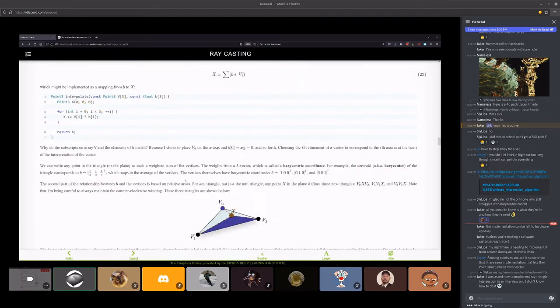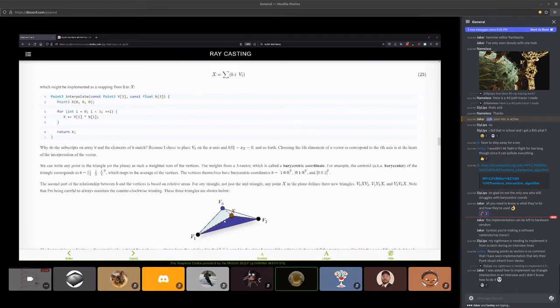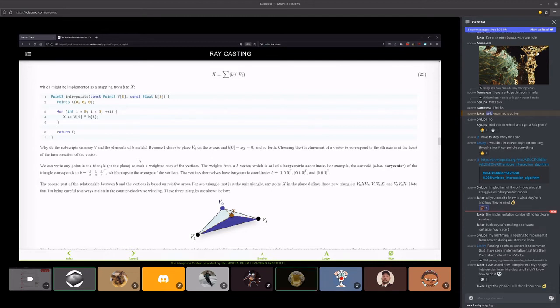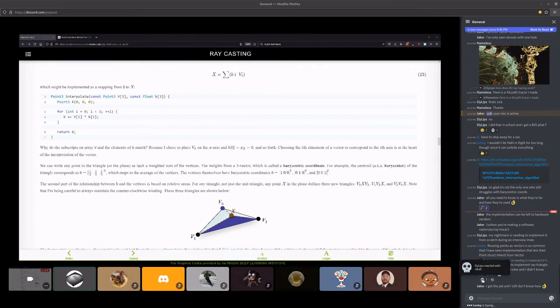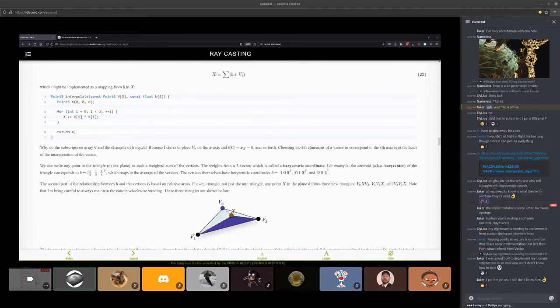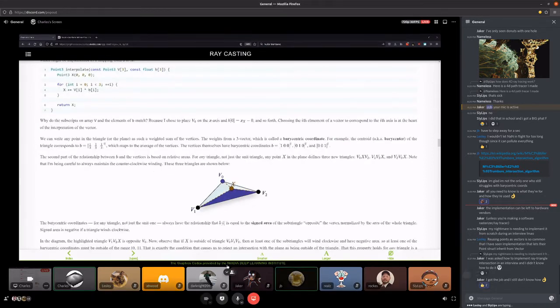So I think I understand the idea. They're weights, so you blend each point to get a point inside the thing. What confused me the last time I really dove into this with the software rasterizer was how you compute the B's. And that's what the tiny rasterizer did not explain well, in my opinion.